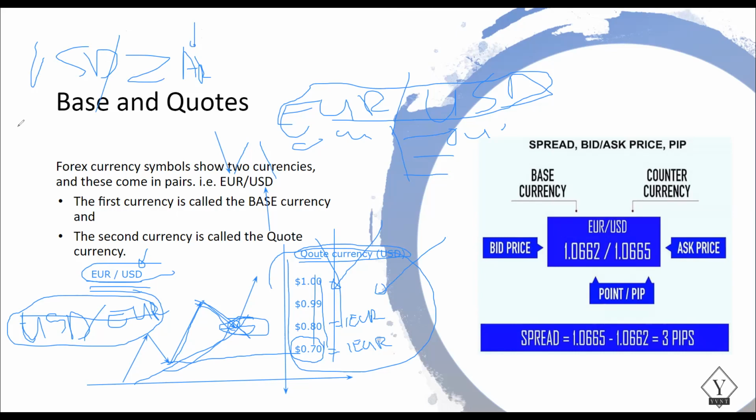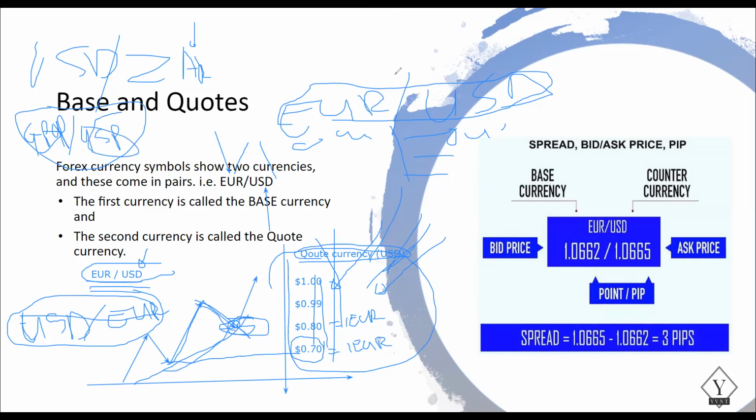If you're going to be trading GBP USD, the British pound against the dollar, this means that when you open the chart, the price you see on the right hand side is going to be in dollars because the dollar is the code currency in this pair, right?